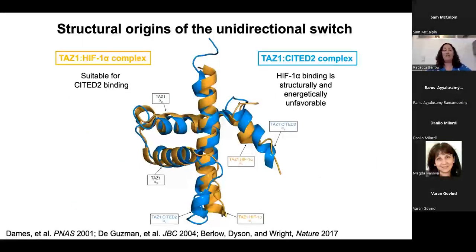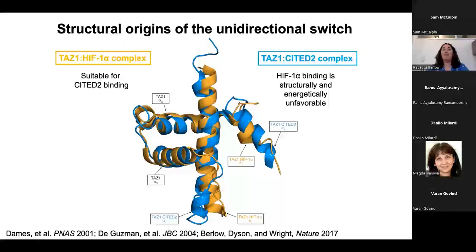And so the final piece of the puzzle in our understanding here, now I hope I've convinced you that we understand a lot about the properties of CITED2 that allow it to compete with HIF-1 alpha so effectively for binding of TAZ1. But for a long time, we also neglected the properties of TAZ1 that might be allowing for this behavior to occur.